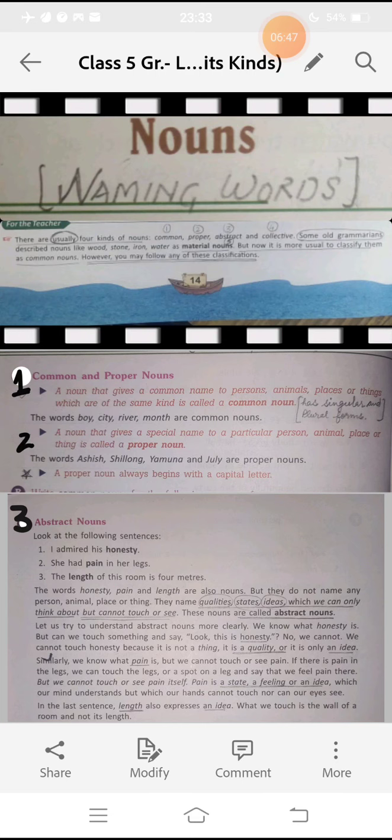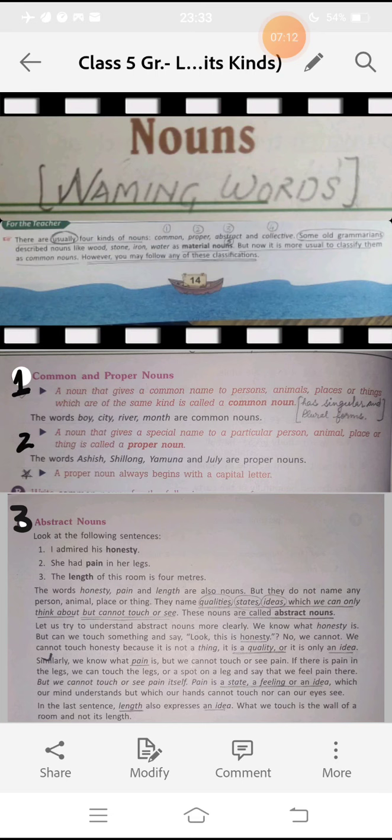Next, length. It is an expression of, or you can say it's a unit of measuring. So that is how it expresses an idea. But we cannot touch it. We cannot see it. Only we can measure it.